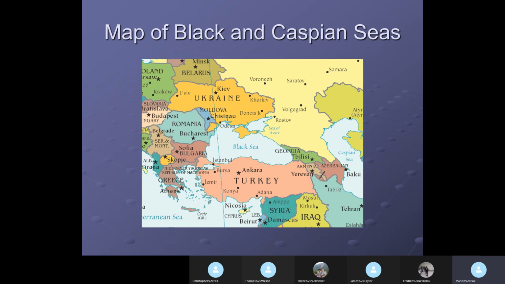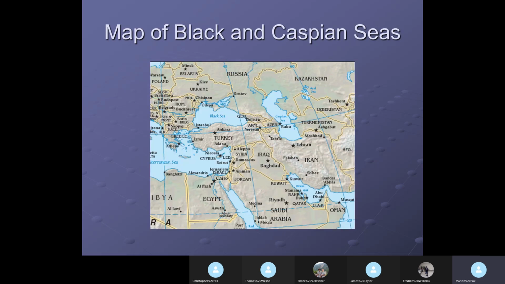Here are modern countries. We have the modern nations, Georgia and Syria and Iraq and Iran and so forth, Bulgaria and Romania. Okay. Now, it's not important. I just got these maps. Let's kind of see where we're talking about. Here's your Caspian Sea.